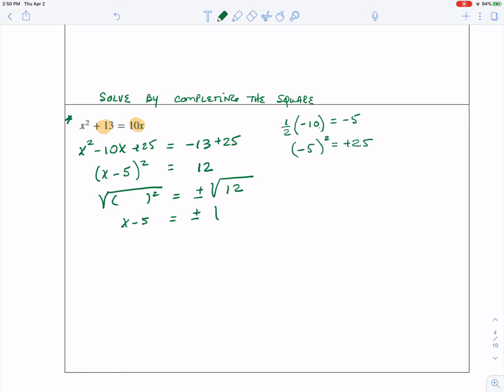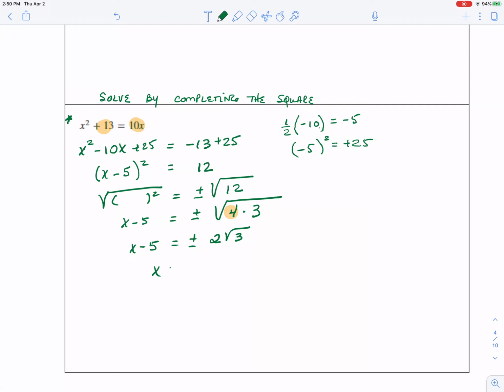And this is what I wanted to remind you. When you work with 12, I'm going to split this up into 4 times 3 in order to simplify it, because I can take the square root of 4. So this will be 2 times the square root of 3.